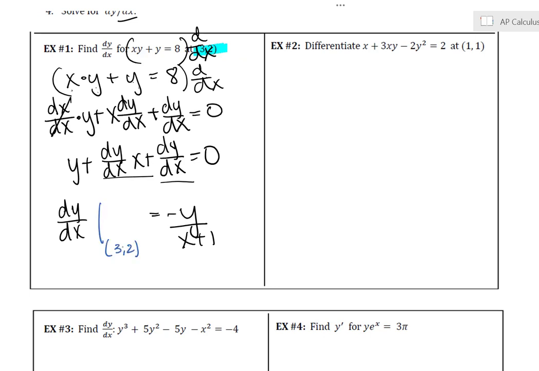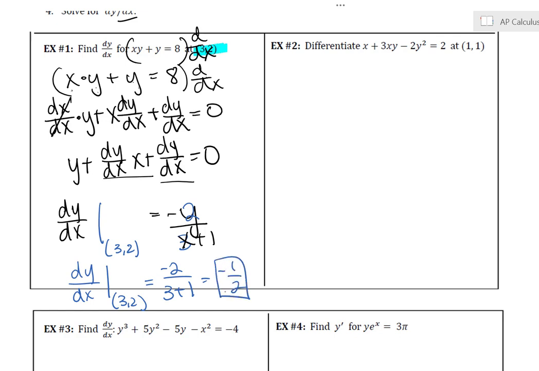So what that means is I'm plugging in a 3 every time I have an x and a 2 every time I have a y. So rewriting this, we have dy over dx evaluated at 3, 2 equals negative 2 over 3 plus 1, which is negative 1/2.